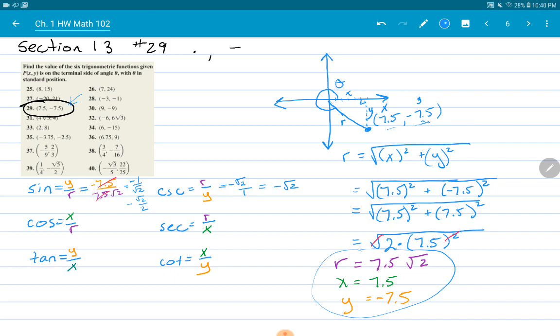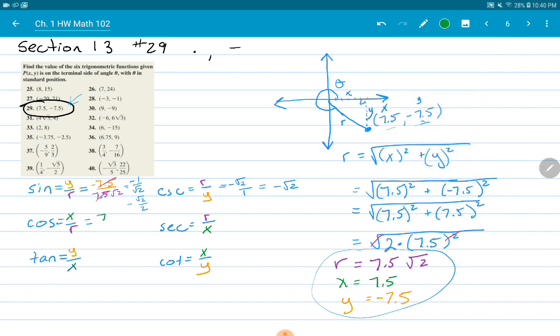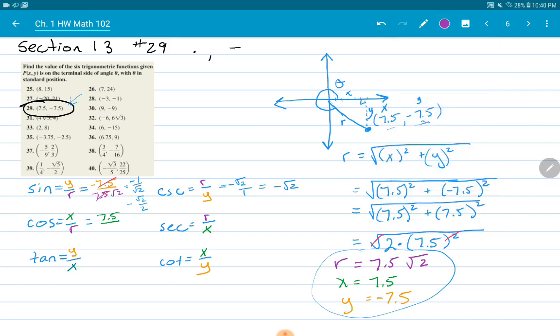And then moving on to cosine. So let's start with an equal sign here and get our green x. So x is 7.5, positive 7.5 this time, and r is 7.5 times radical 2, and you can see the same thing happening here. And when I simplify these, the 7.5s cancel.